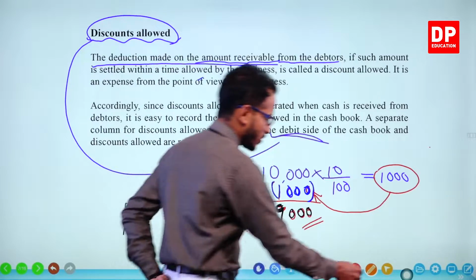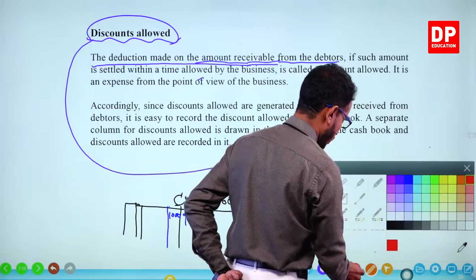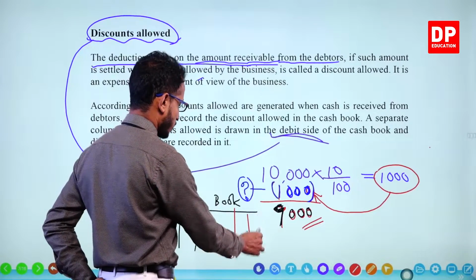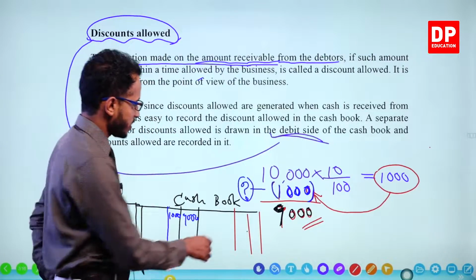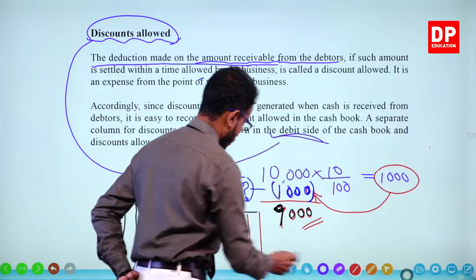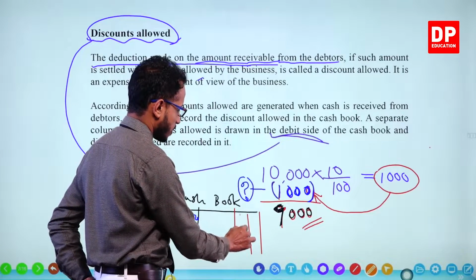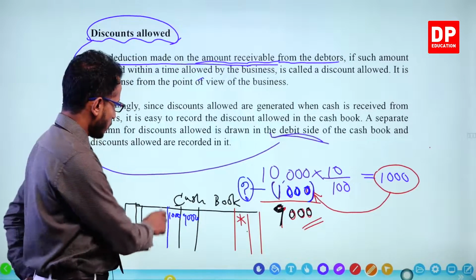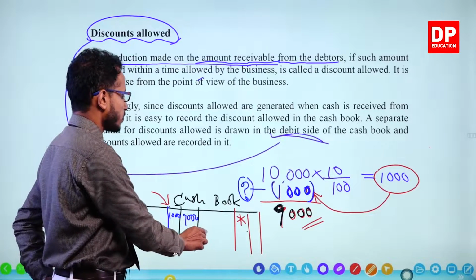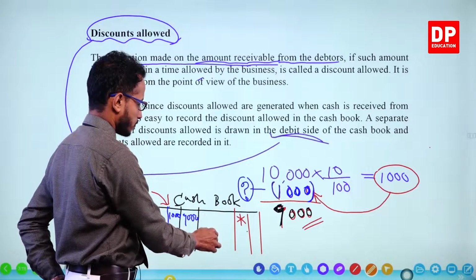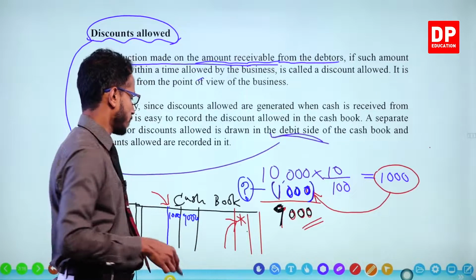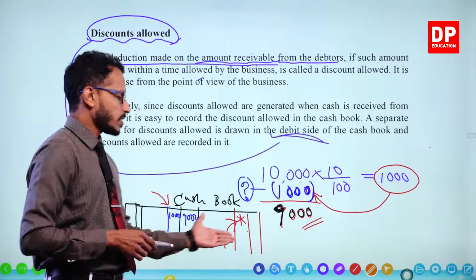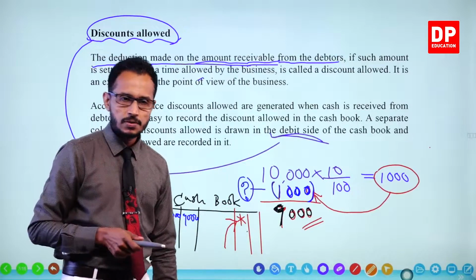Likewise, children, you should have another column for discounts received in the credit side. Discounts allowed and discounts received. All right, well, it's a rough work. We'll do it properly.